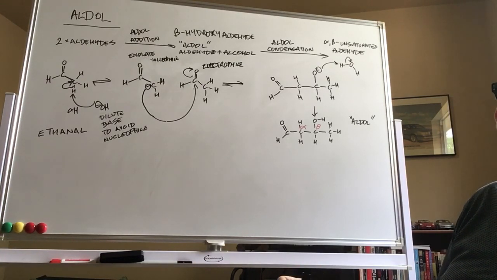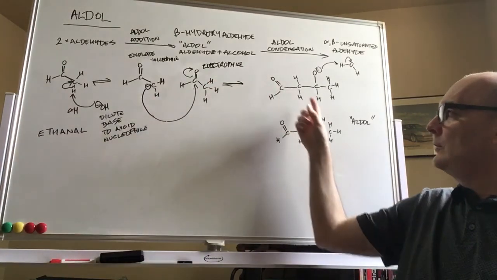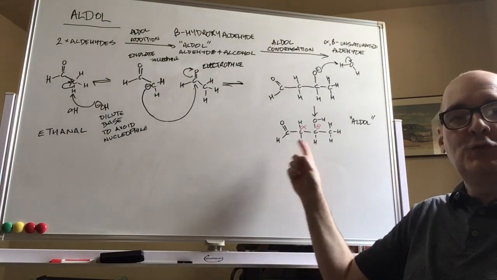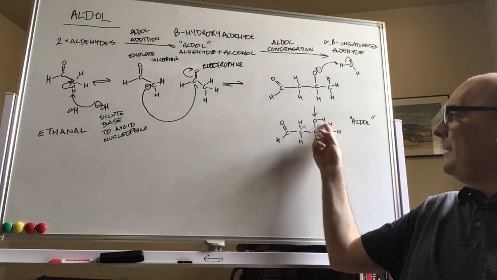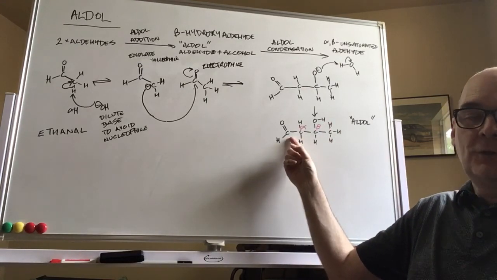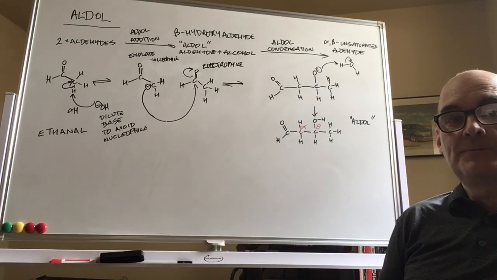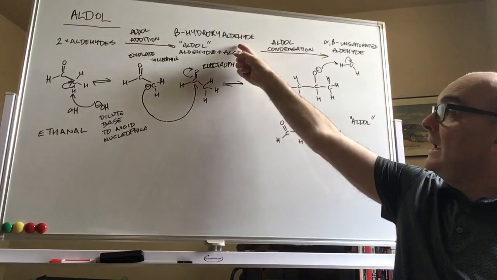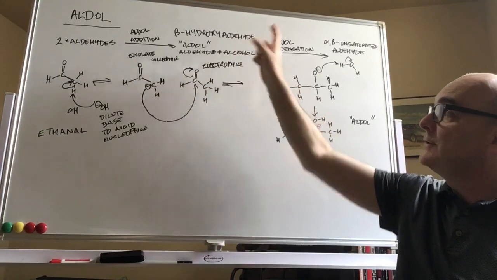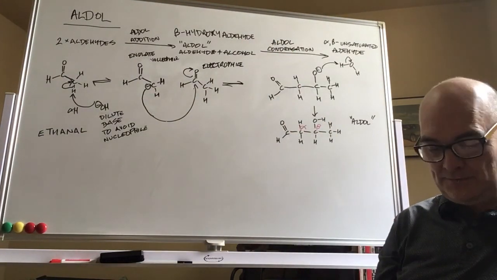You should have started with two aldehydes. We can make them be ketones. And at the end of your reaction, if you do not have a beta hydroxy aldehyde or ketone, then what you've done isn't right. Okay, written up in the name here, an aldol is a beta hydroxyaldehyde. Make sure that you have that.